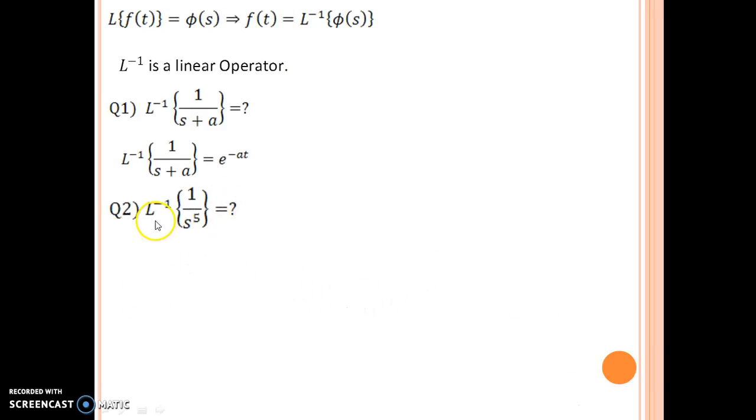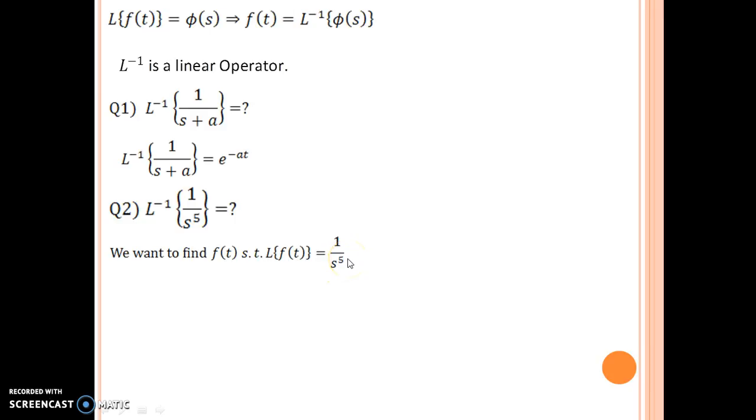If this doesn't clear it up, let us see one more example. Consider Laplace inverse of 1 upon s to the power 5. Now we are interested in finding this answer. How do we go about it? First, we ask this question: we need to find f of t such that Laplace of f of t is 1 upon s to the power 5.